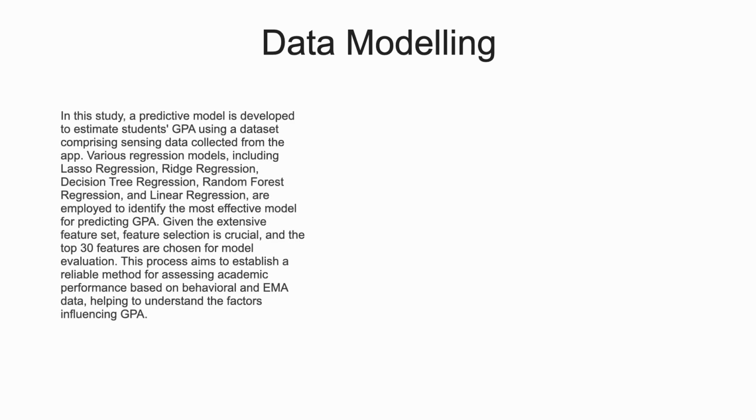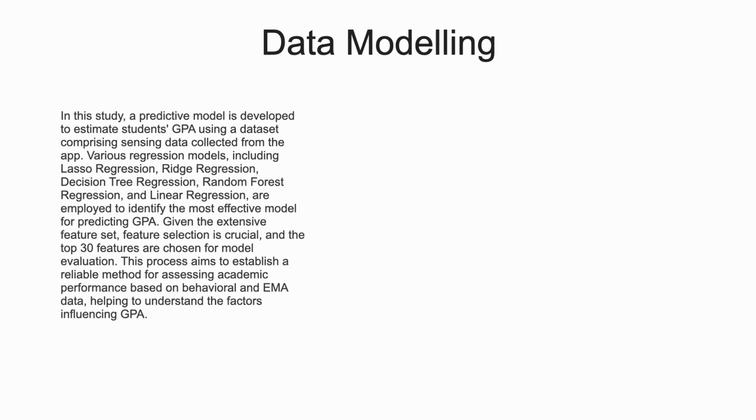In this study, a predictive model is developed to estimate students' GPA using a dataset comprising sensing data collected from the app. Various regression models, including lasso regression, ridge regression, decision tree regression, random forest regression, and linear regression, are employed to identify the most effective model for predicting GPA.